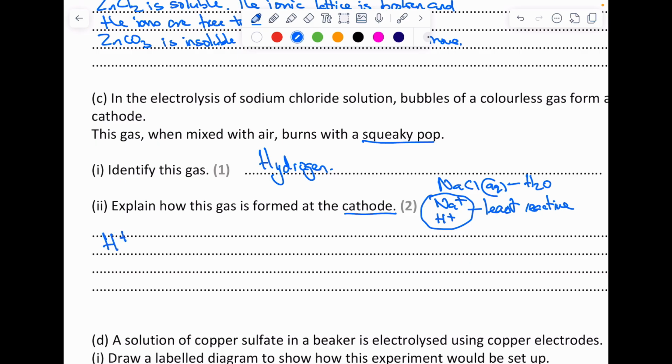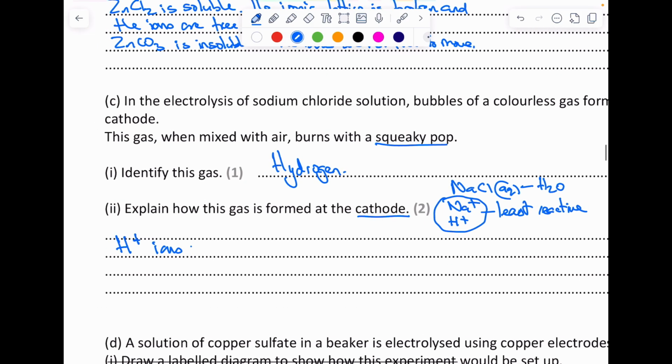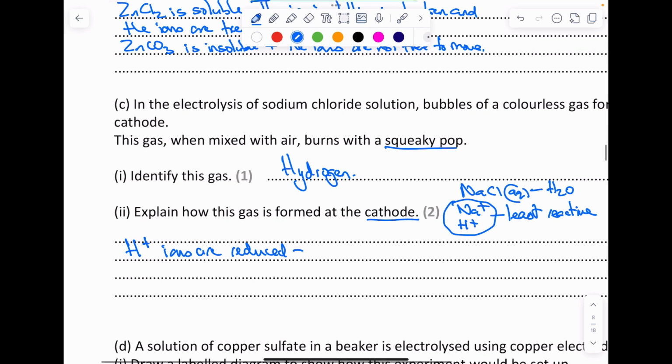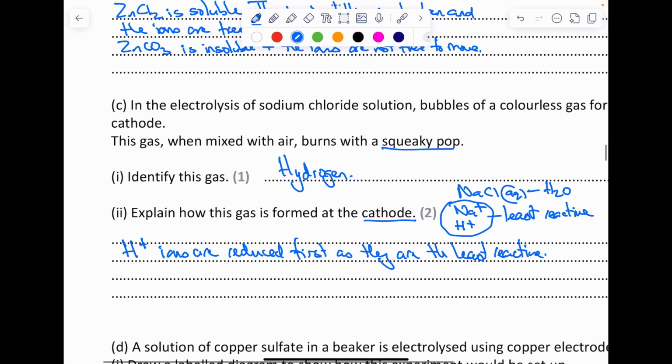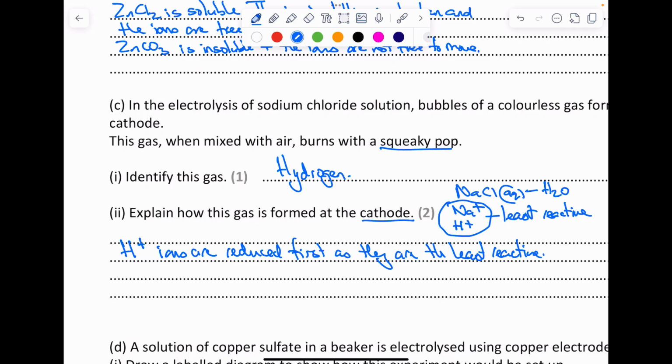So we can say here that hydrogen ions are reduced first as they are the least reactive. And then I'm going to do it as an equation, but I'll put it in words as well.